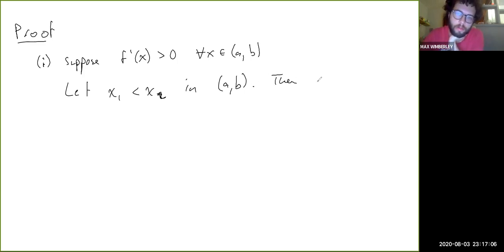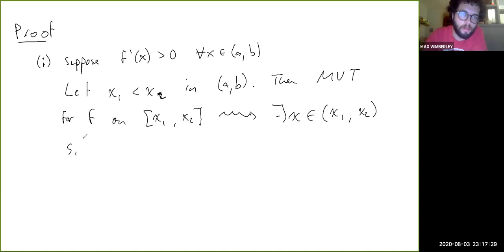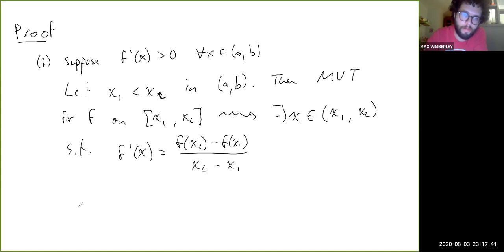Then the mean value theorem for f on this interval tells us there exists some x in the open interval x1, x2, such that f prime of x equals f of x2 minus f of x1 over x2 minus x1.